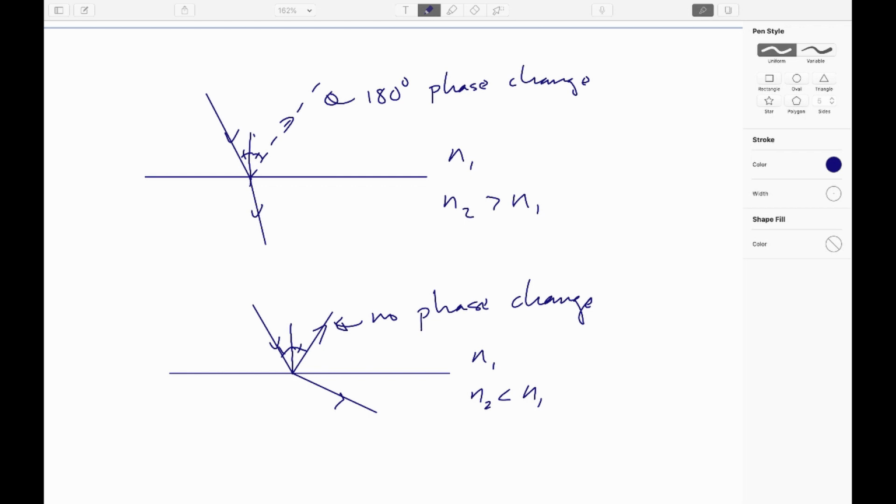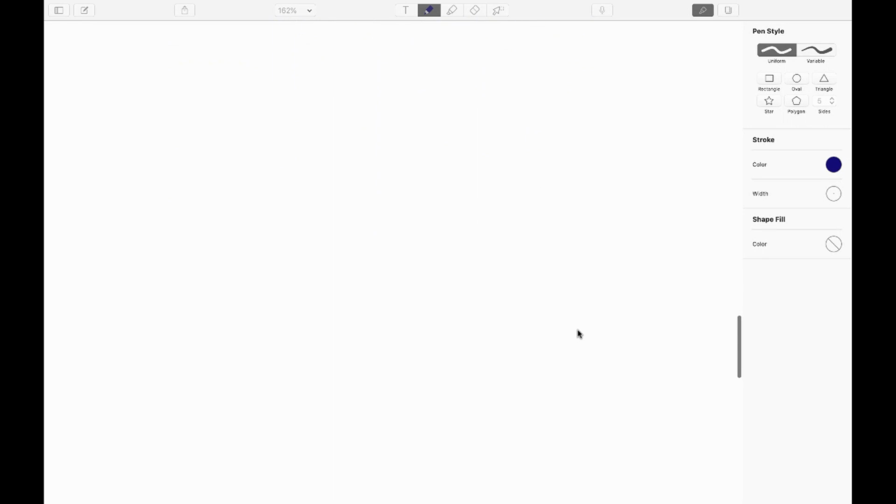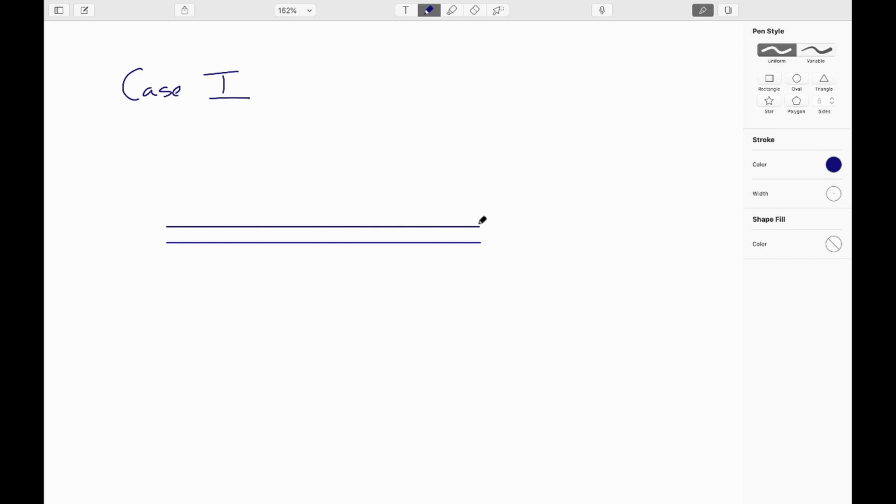Okay. So this leads to two cases for thin film interference. What I like to call case 1. In thin film interference, as the name implies, you have a thin film that's sitting on top of some surface.